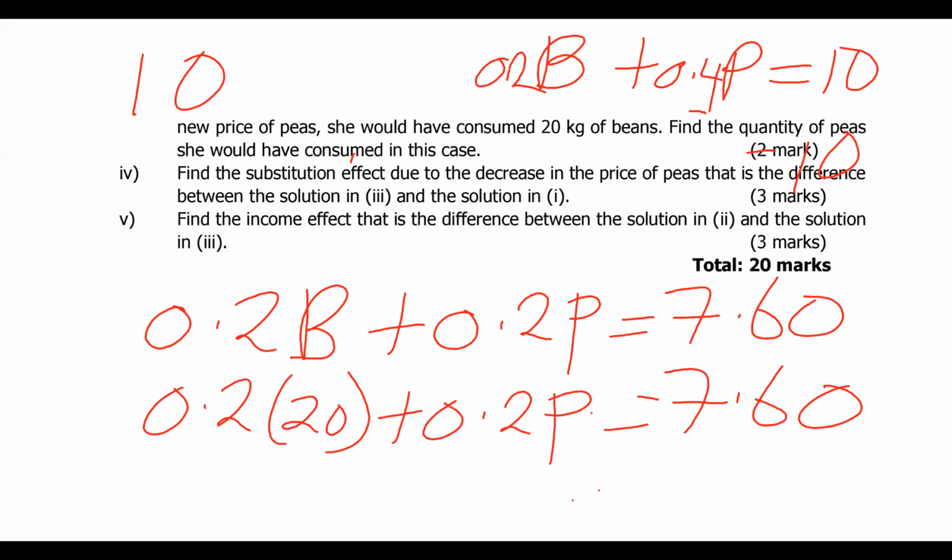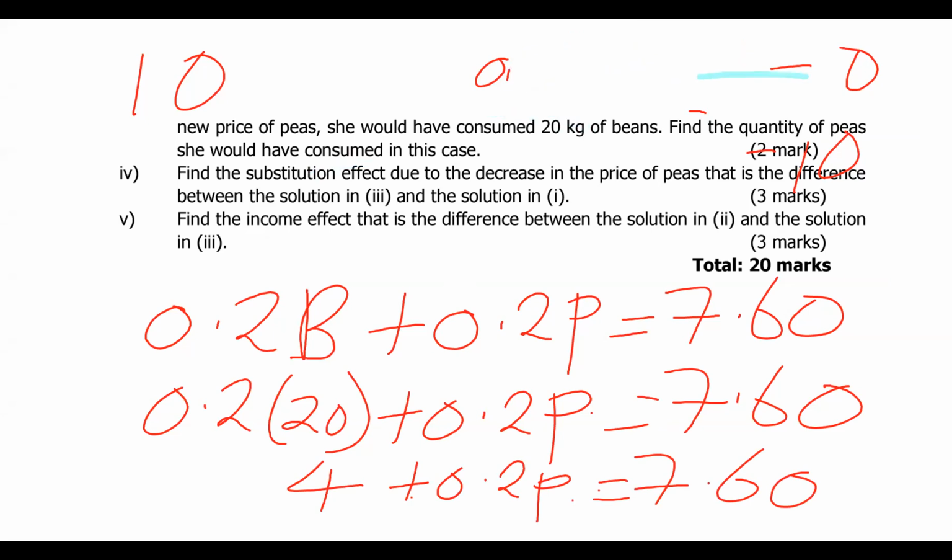And so from here, what is 0.2 times 20? Four. This is 4 plus 0.2P equal to 7.60. From here, we make P the subject of the formula.